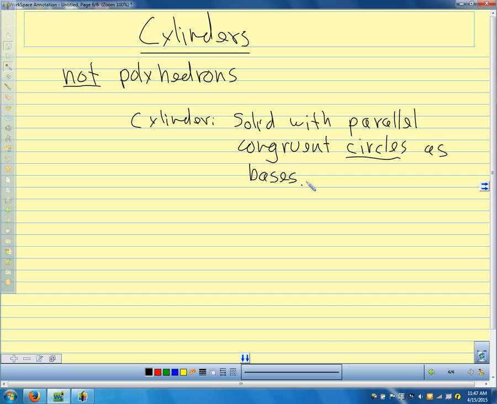So we have two circles as bases. So that's one reason why I call them cousins. And one curved lateral surface. So we have our two circles as bases, and we have a curved lateral surface, a curved side. So the curved part and the circle part are why they're not polyhedrons.